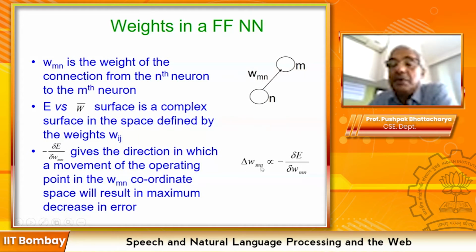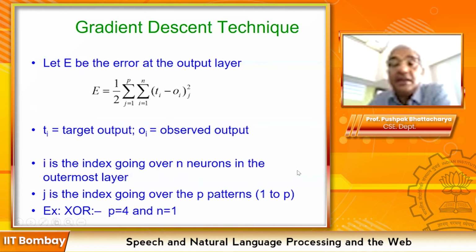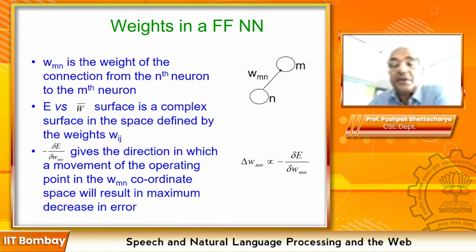And delta WMN will be nothing but a negative gradient of error with respect to WMN. And what is E? E is this total sum square error, which is taken as the square of the difference in target and observed value over all neurons over all patterns. Okay, so we have here delta WMN proportional to minus the partial derivative of error with respect to WMN.